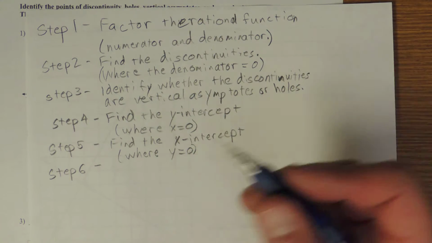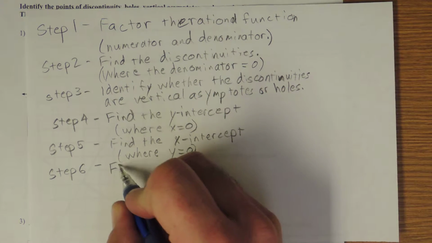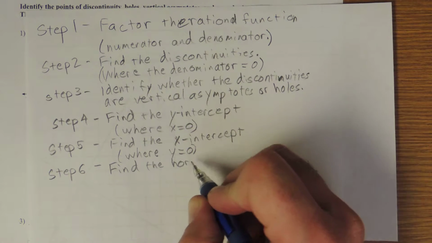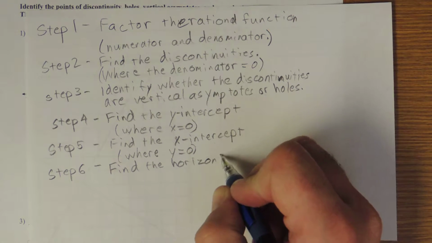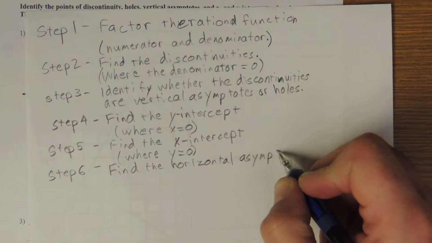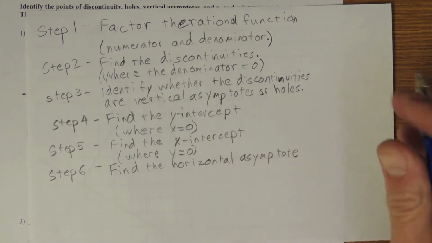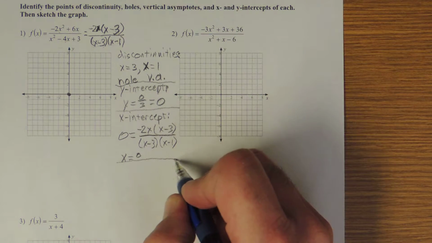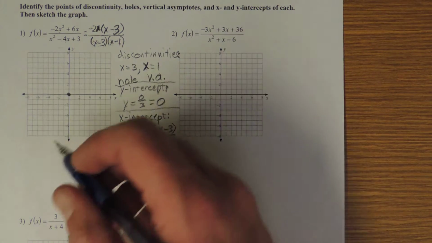X-intercept, y-intercept. Now I need to find the horizontal asymptote. To do that, I'm going to look at my end behavior.